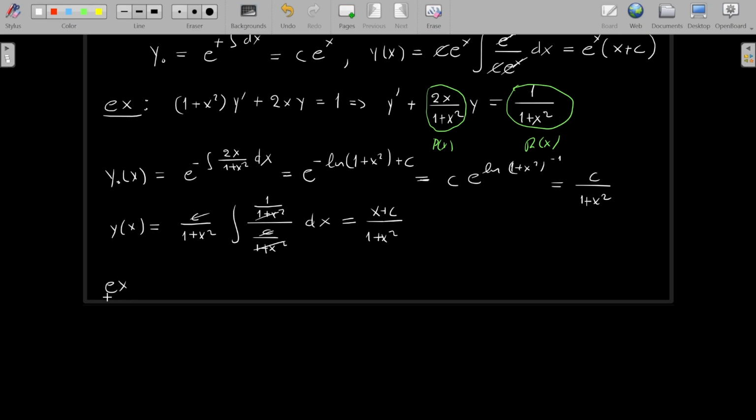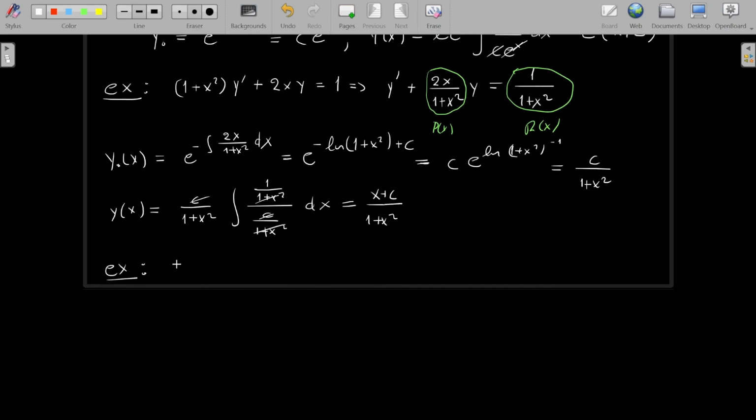Now, another example. Let's say you have y prime plus y is equal to x. You can see that p of x is 1 and r of x is x.